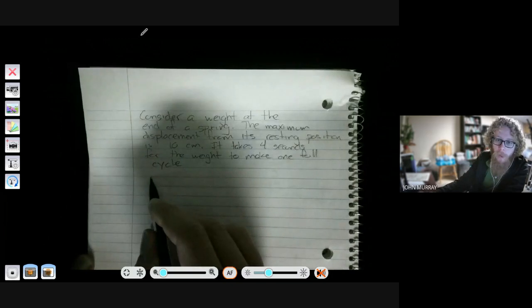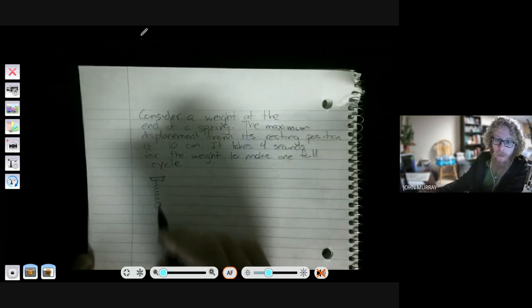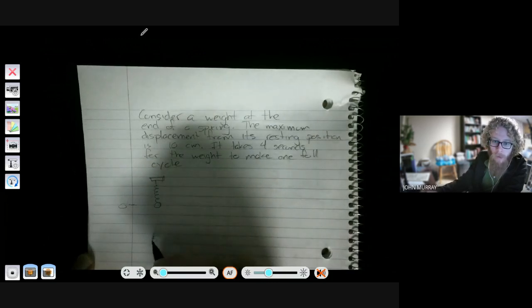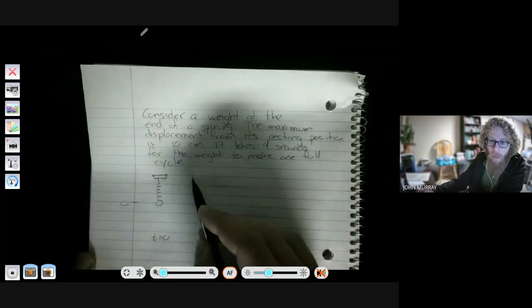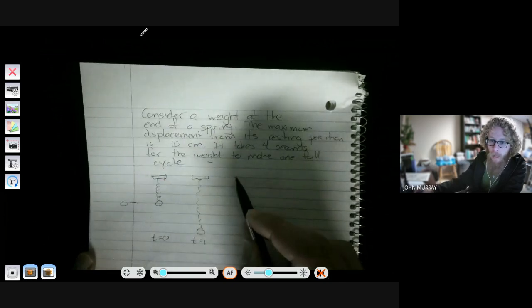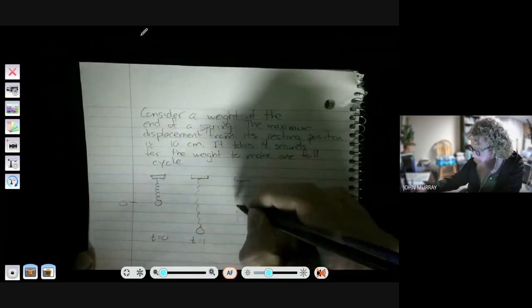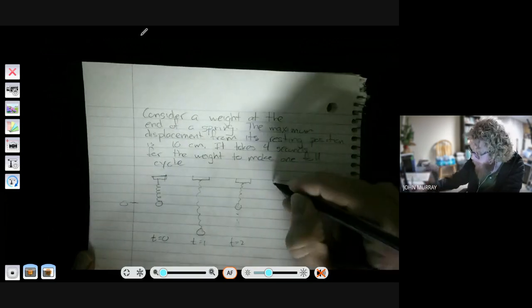So if I wanted to just draw a quick picture, at 0 seconds, it's at the resting position. So that's its initial position. At 1 second, that's how long it takes us maybe to pull it down. At 2 seconds, it gets back to its original position, but it's on its way up.